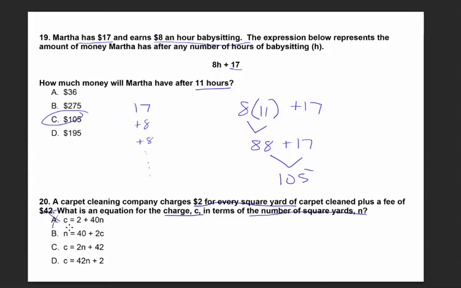That doesn't make any sense. This one says the number of square yards of carpet is equal to 40 yards plus 2 yards for each dollar that you spend. That can't be right. This one says the cost is equal to $2 for every square yard of carpet plus a fee of $42, which matches exactly with what the situation said, so the answer choice is C.